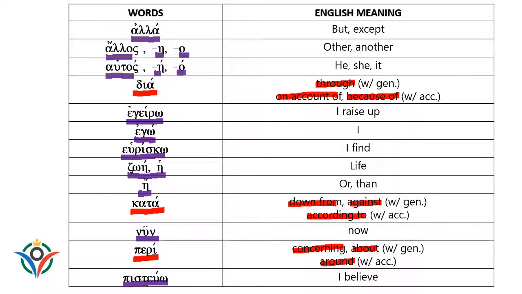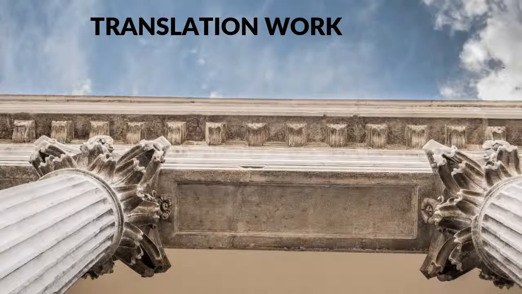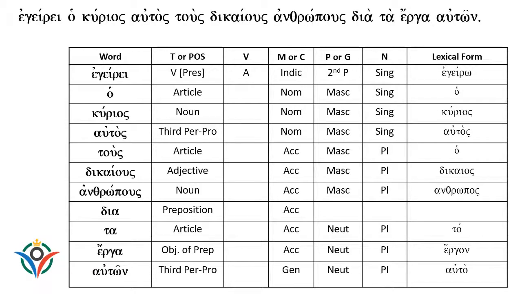So guys, I just want to continue to encourage you to learn your vocab. The more vocab you know, the more you are going to enjoy your translation work. So let's read our translation example together.